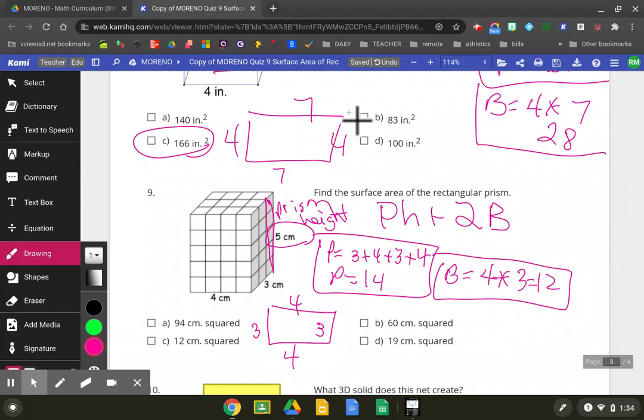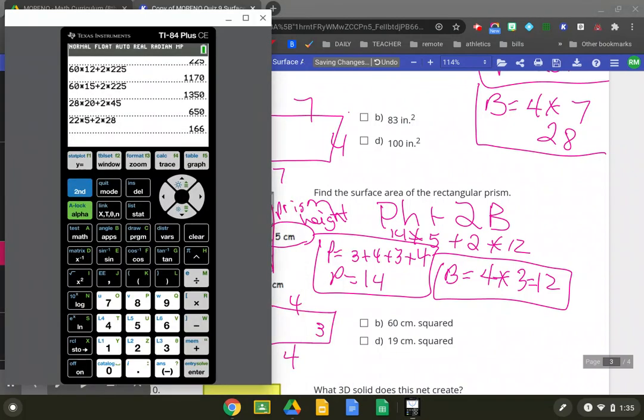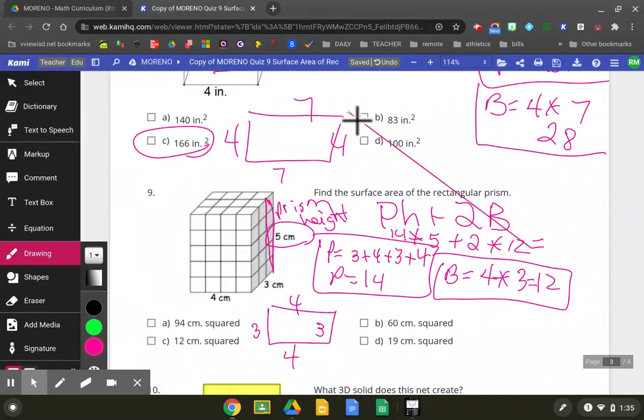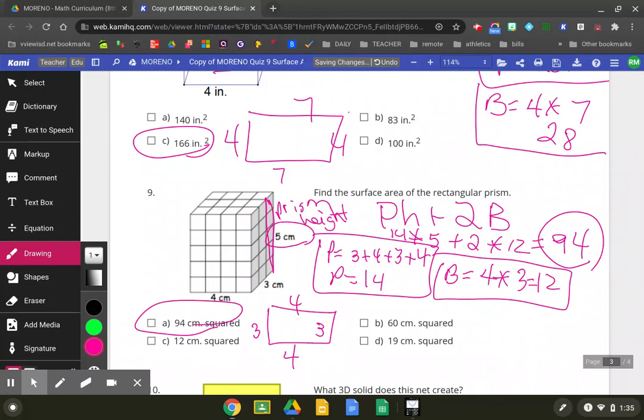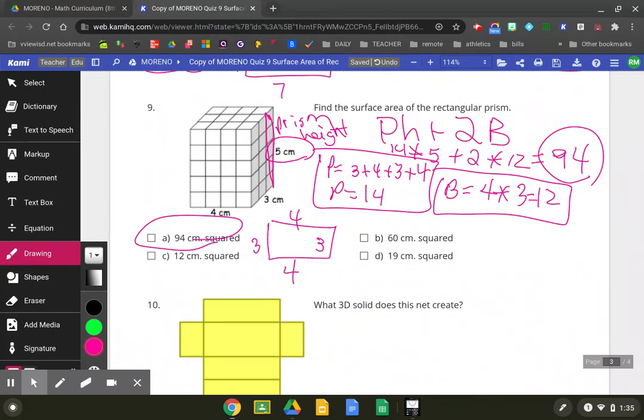So I'm going to put 14 times 5 plus 2 times 12. Put that in your calculator. It should come out to 94, which is letter A.